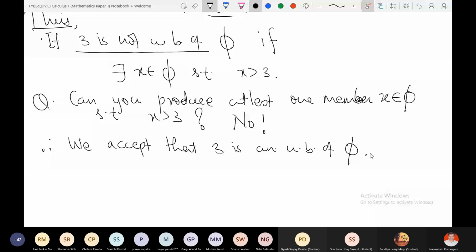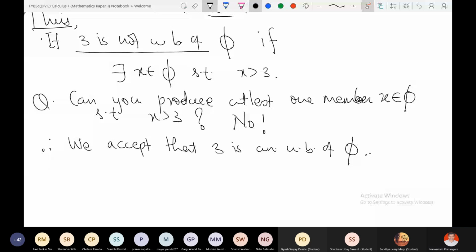If you do not have a counterexample, then you believe that statement. That is always happening in day-to-day life. You take anything in the universe or in day-to-day life, unless you have a counterexample, you have to accept that statement.